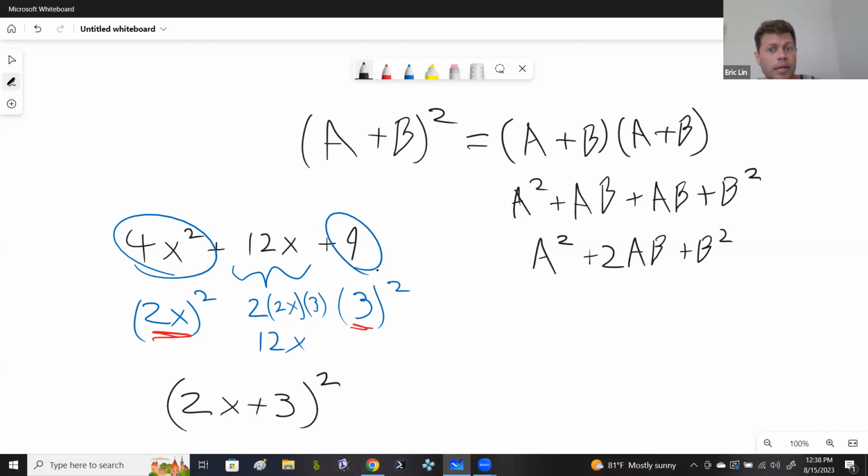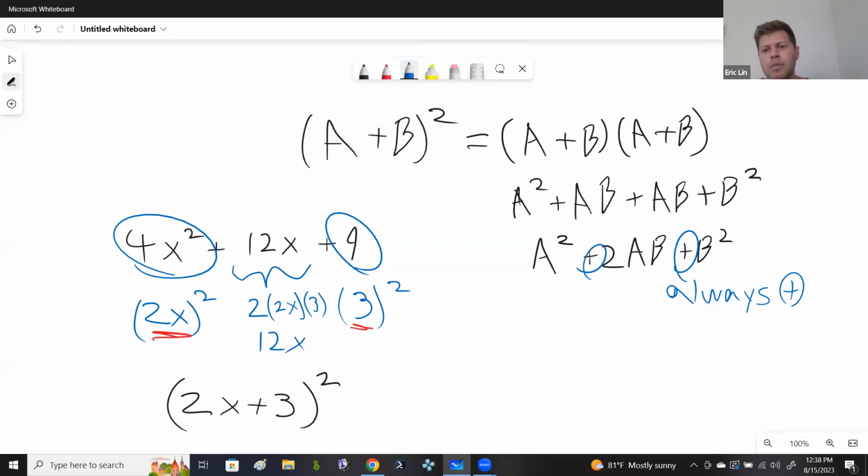I do want to say that these positive signs in my original generalized example, in order for this to work, this last one does always have to be positive. That's because if I square something, it has to be positive. Even if b was a negative number or a negative term, it's b times b, which is going to end up being positive no matter what.